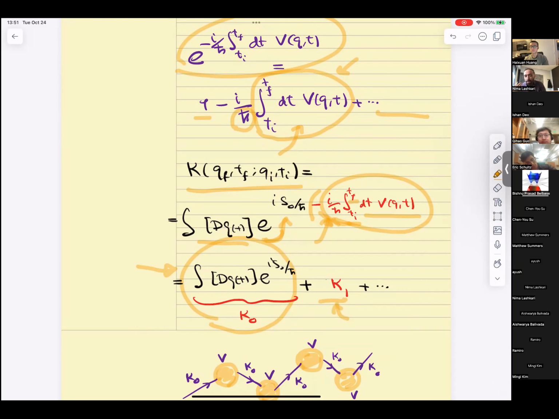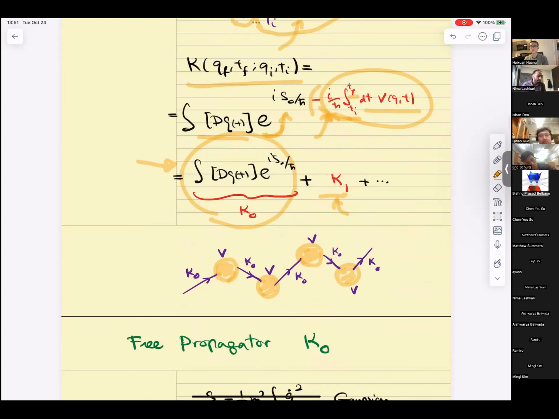Okay, but the picture I want you to have in this perturbation theory is this. It's the regime in which there are free particles. The interaction is so weak that the propagator is like a free particle propagating, some interaction happening at some point, then freely propagating, some other interaction happening, and freely propagating, and some other interaction happening, right?